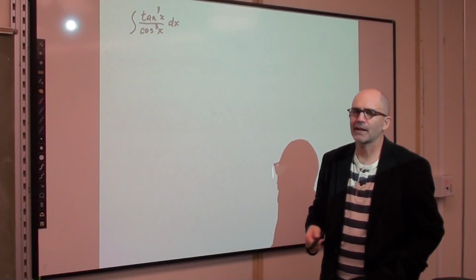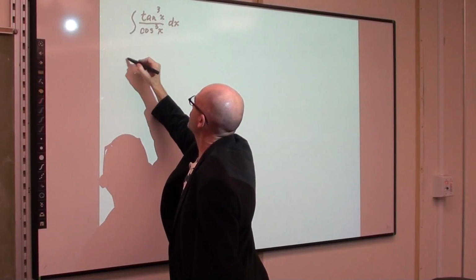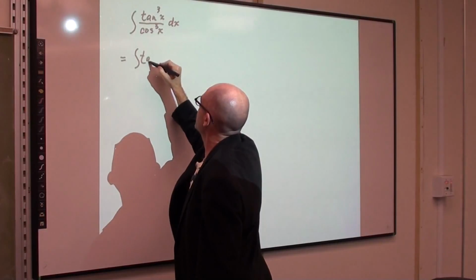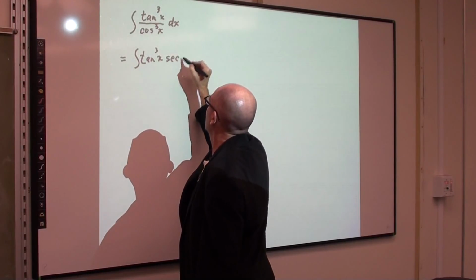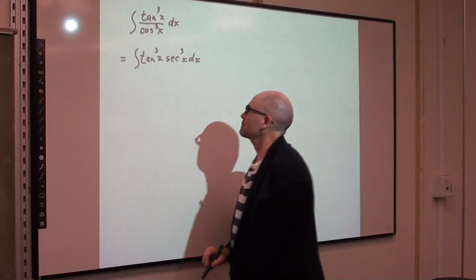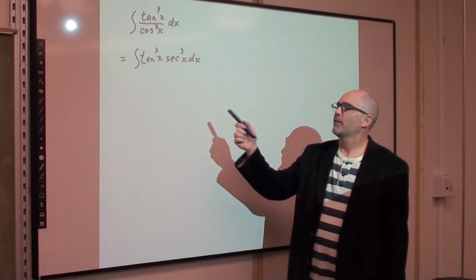Right, secant. Okay, so what we can do is change this to the integral of tangent cubed x secant cubed x dx. Okay, now we've got a trig integral.